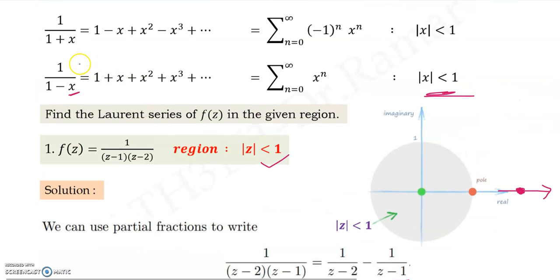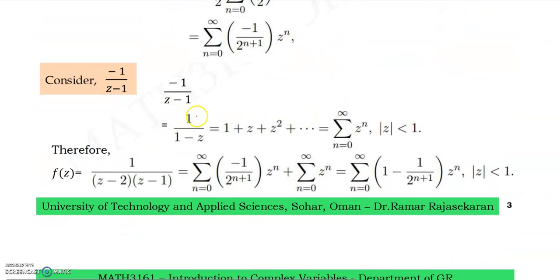So 1 over 1 minus x means sigma n equal to 0 to infinity x power n. Now here 1 over 1 minus z, so what is x? x is z. So in summation form I can write sigma n equal to 0 to infinity z to the power n. Before writing this summation, we have to check whether the modulus of this value is less than 1 or not.